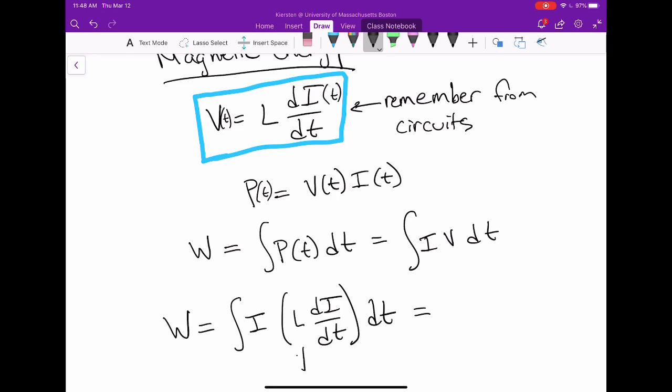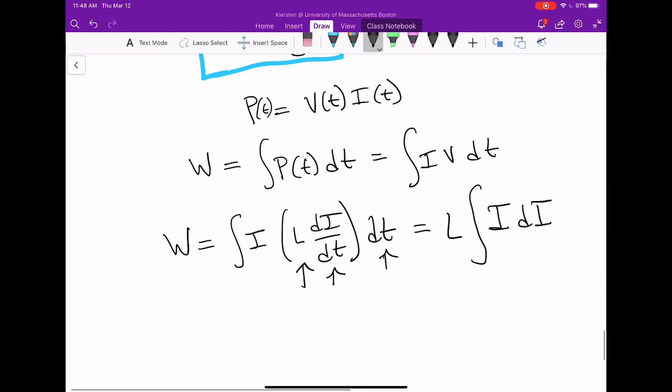Now the inductance isn't changing with time unless we're in a very special situation, so we're not going to worry about that. So we can move the inductance out to the front, and then we have I di, because this dt and this dt and this dt are going to cancel each other effectively.